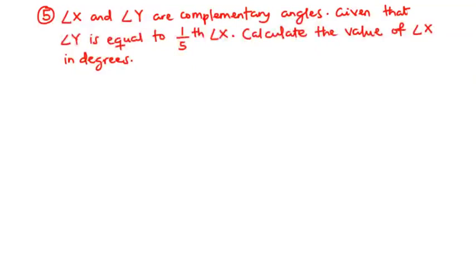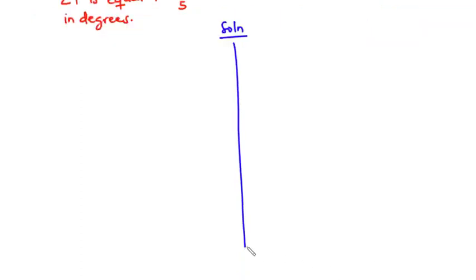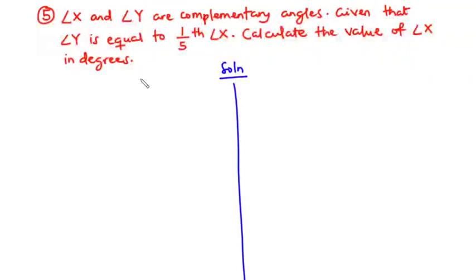Example 5. Angle x and angle y are complementary angles. Given that angle y is equal to 1/5 of angle x, calculate the value of angle x in degrees. So from the question, we are being told that angle x and angle y are complementary angles.